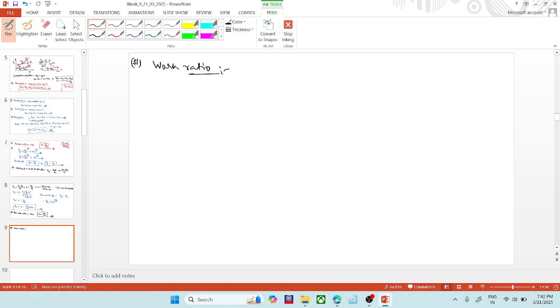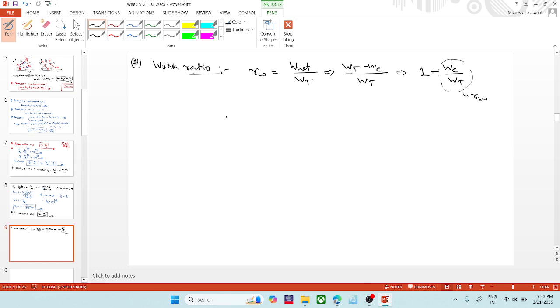Work ratio RW is defined as the net work divided by the turbine work. The net work is WT minus WC divided by WT, which would be 1 minus WC by WT, which is nothing but the back work ratio RBW.